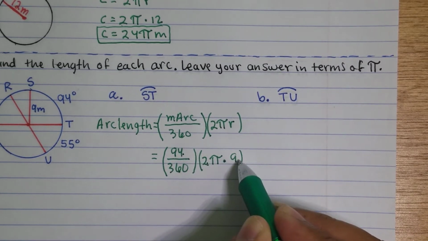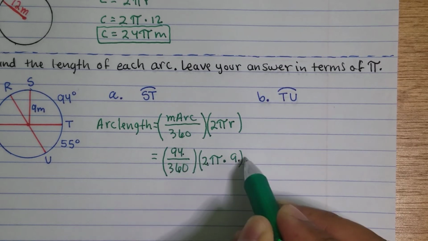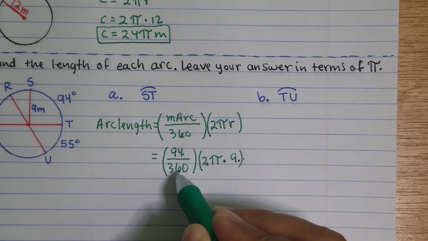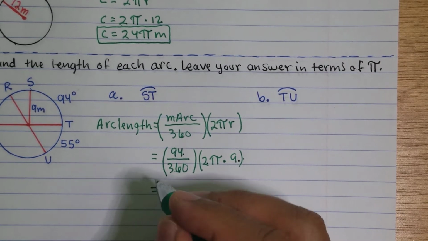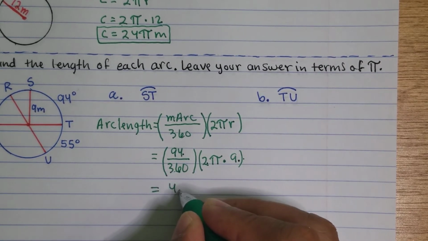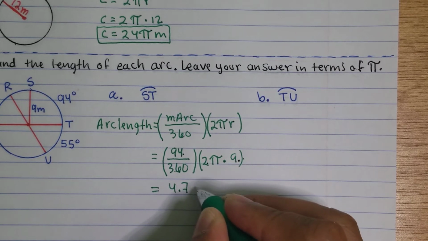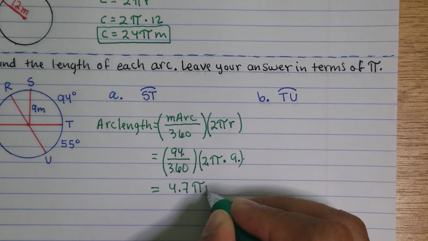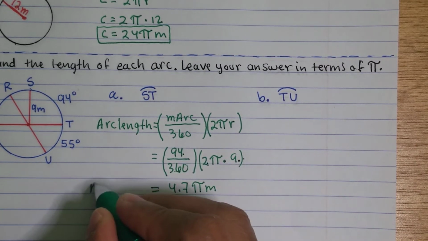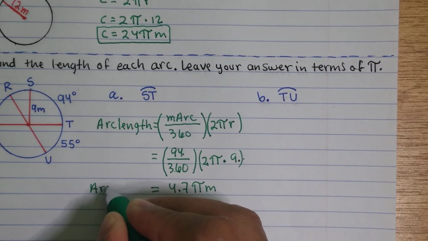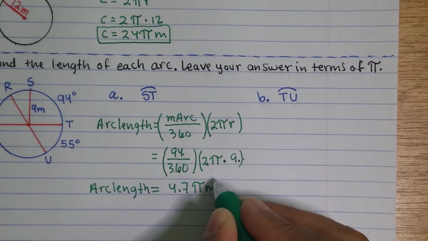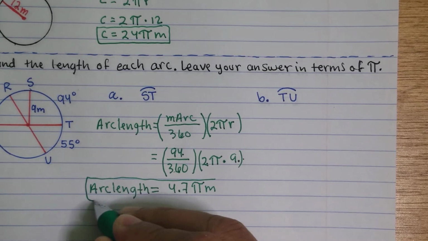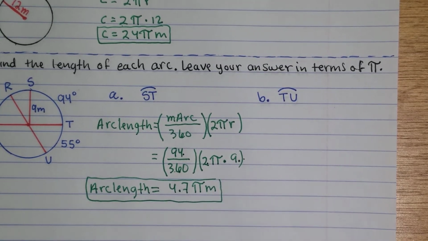And once I get the product of those three numbers, I'm going to divide that by 360. And when I do that, I end up with 4.7, and in terms of pi, so keep the pi, and this is meters. So the arc length of that arc is equal to 4.7 pi meters. So there's one example.